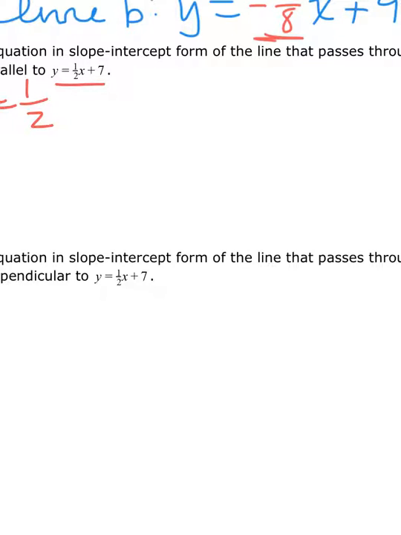So I'm going to use the point-slope formula: y minus y1 equals m times x minus x1.